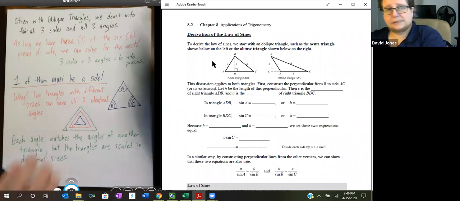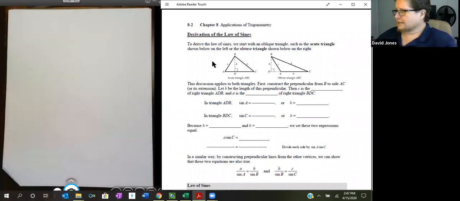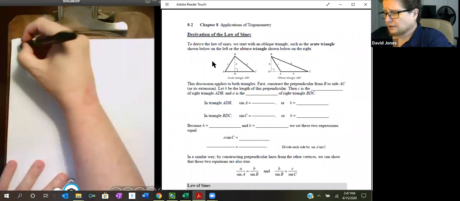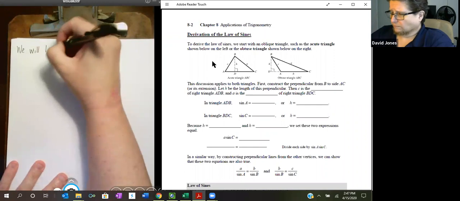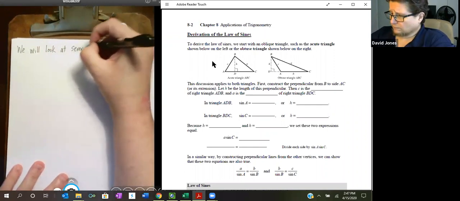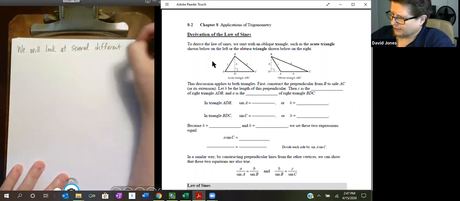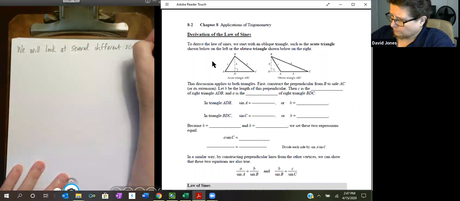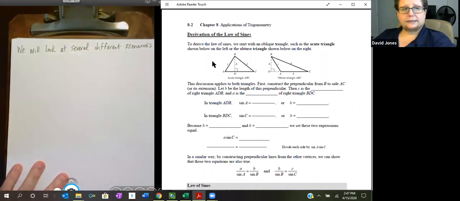All right. So we're going to look at several cases, several scenarios, and each scenario is different. But this information is important.